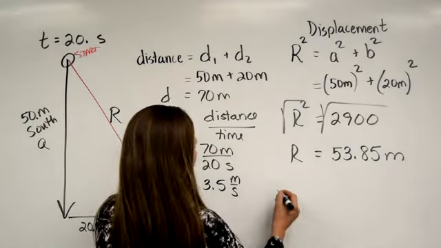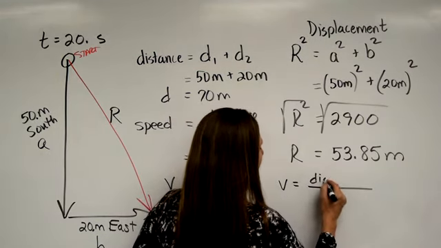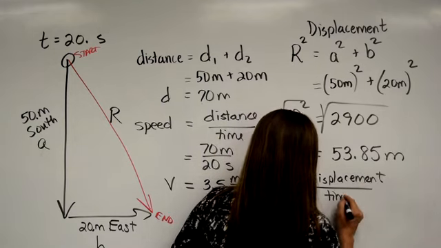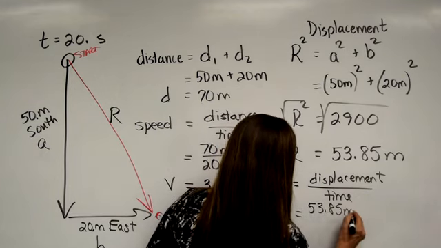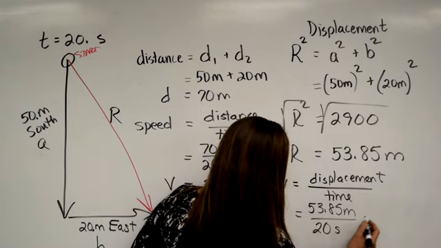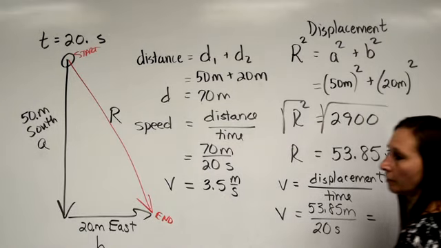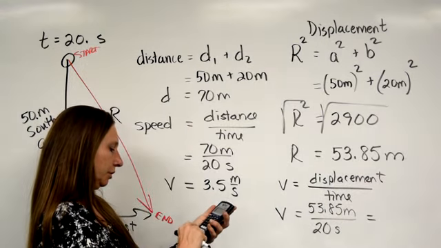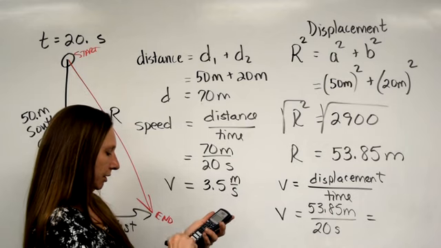Now your velocity is your displacement divided by your time. So take the displacement, 53.85 meters, and divide it by the time, 20 seconds. 53.85 meters divided by 20 seconds.